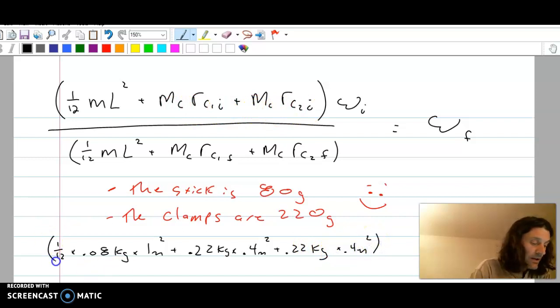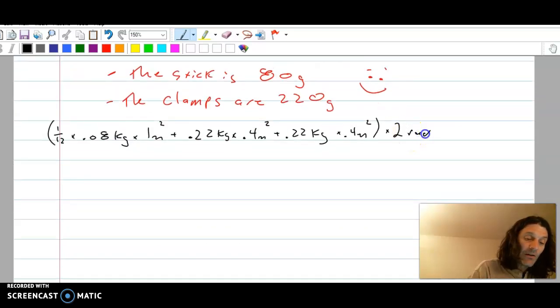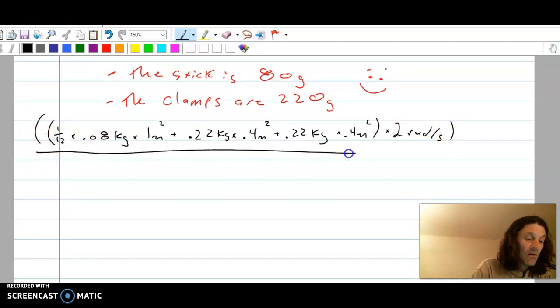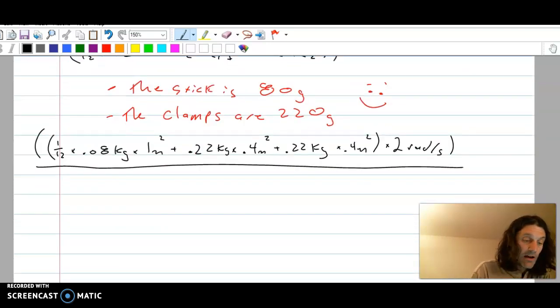So that quantity is the sum of the I's. I'm going to multiply that by 2 radians per second, because that's our initial rotational velocity. So there's our numerator. Then I'm going to divide that whole numerator by all of the I's, the three I's, where the I of the stick still stays 1/12 times 0.08 times 1 meter squared.